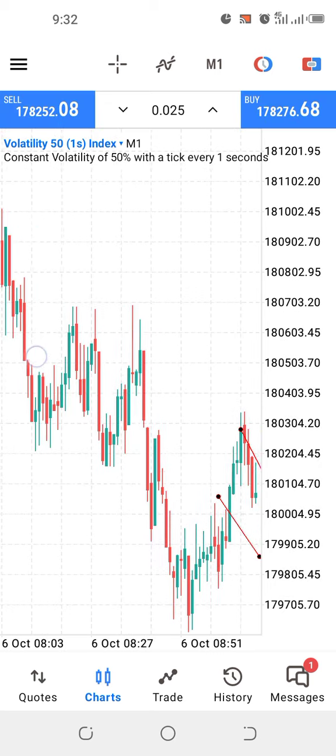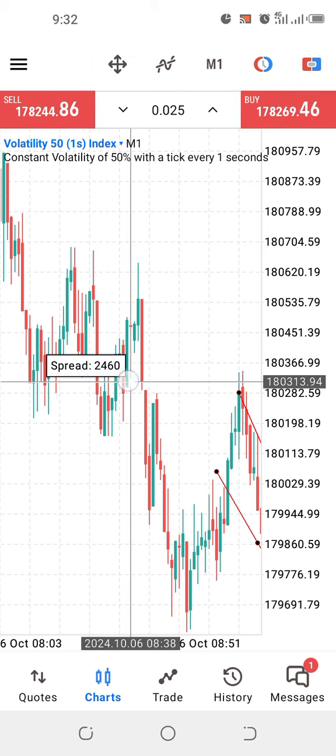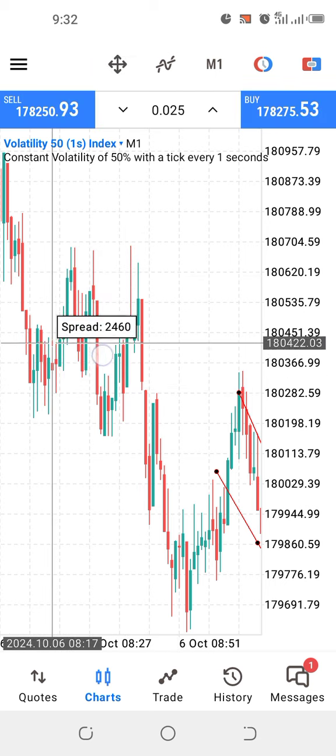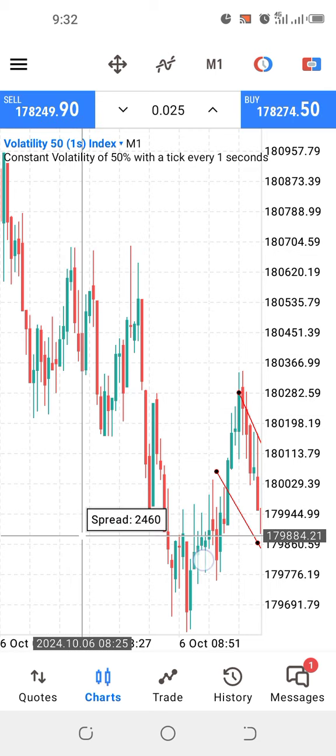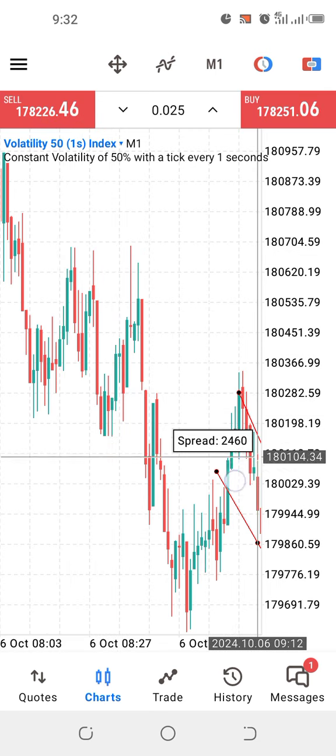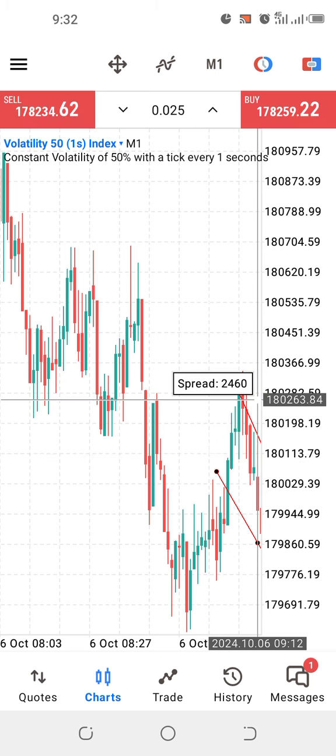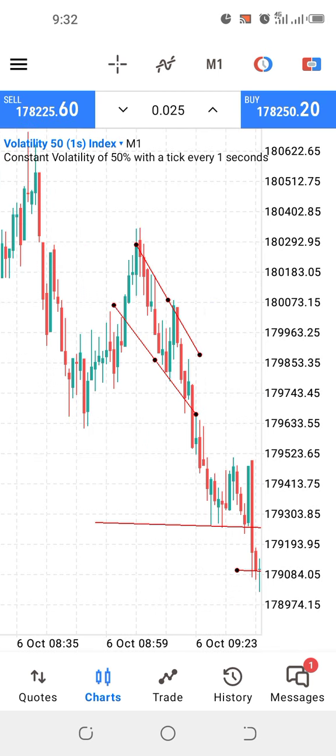At this point, it went up and pushed back. It went up and pushed back. It went up and pulled back. So that is the nature of markets.